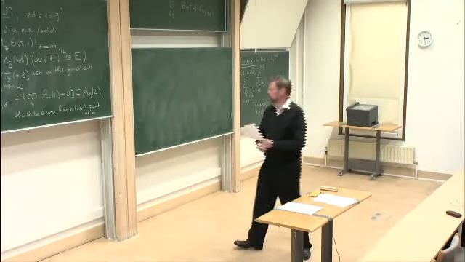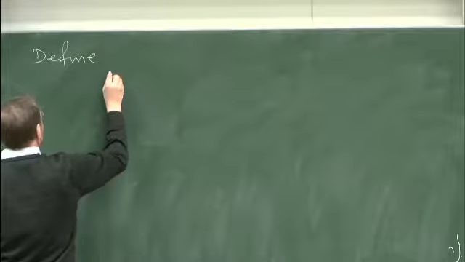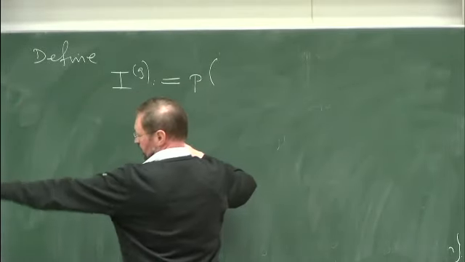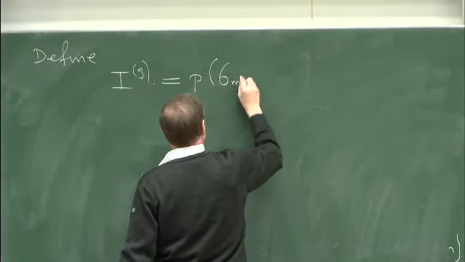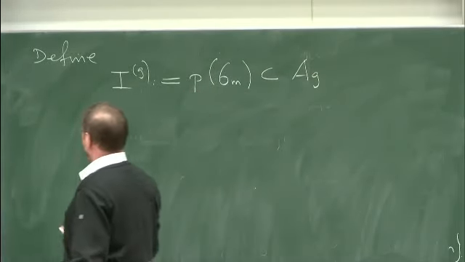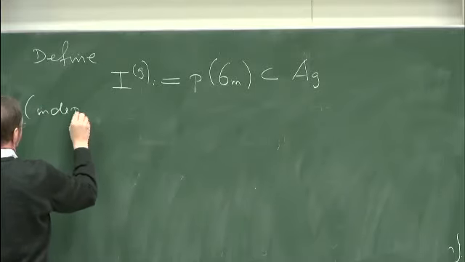So we define I_g as the image of this set, and that now sits in A_g, and this is independent of m.